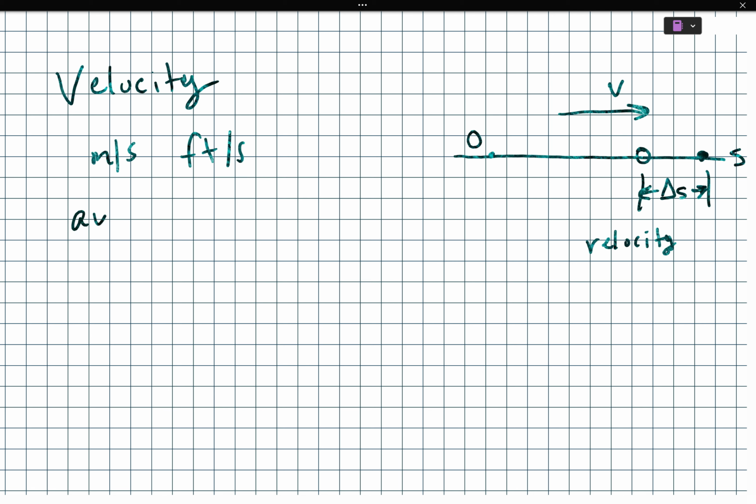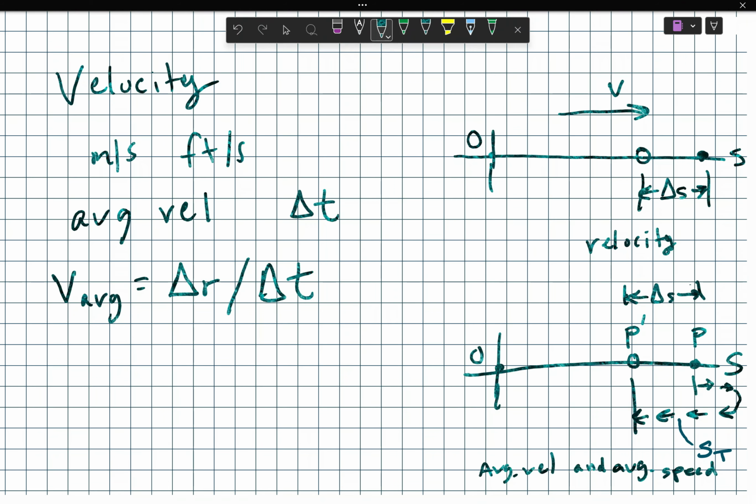The average velocity of a particle during a time interval delta t is v average equals delta r over delta t. The instantaneous velocity is the time derivative of position, v equals dr/dt.